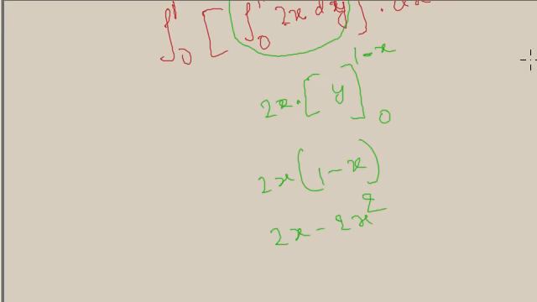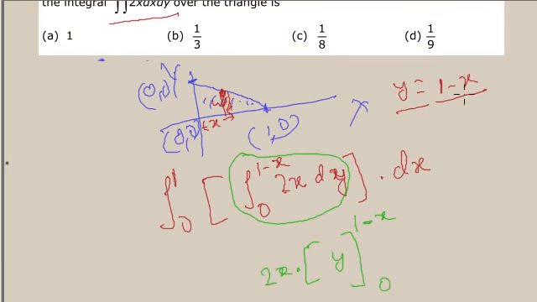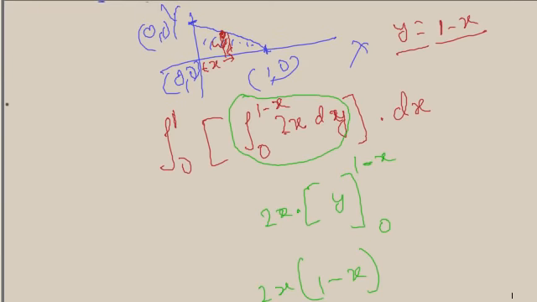Now if you put twice x minus twice x square here, you will find integration of 0 to 1 of twice x minus twice x square dx.